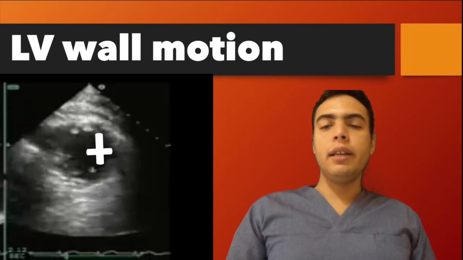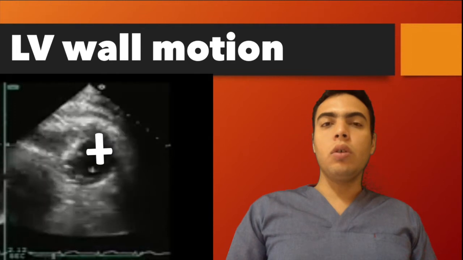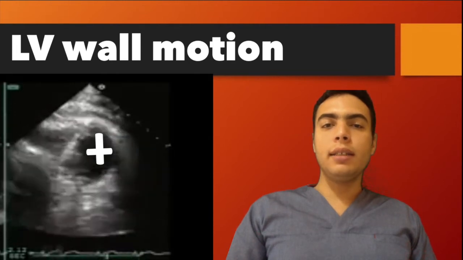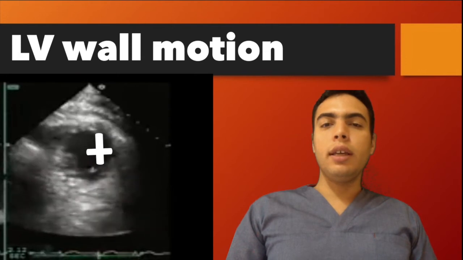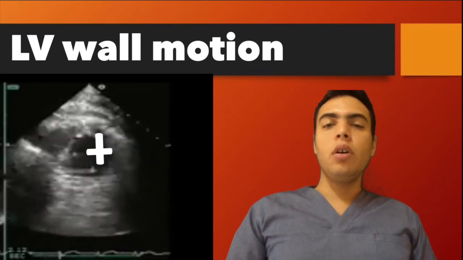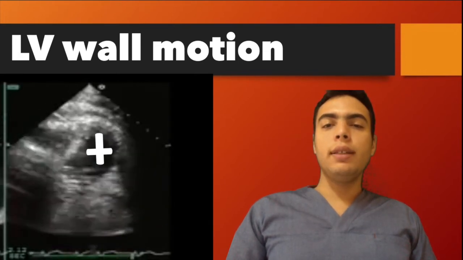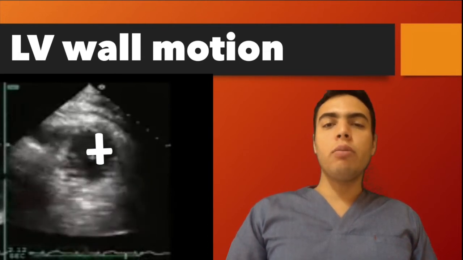There is either akinesia, that the wall is not moving at all, or hypokinesia, in which the wall is moving but with a very slow speed compared to the rest of the walls, or dyskinesia, which means the wall has irregular motion.